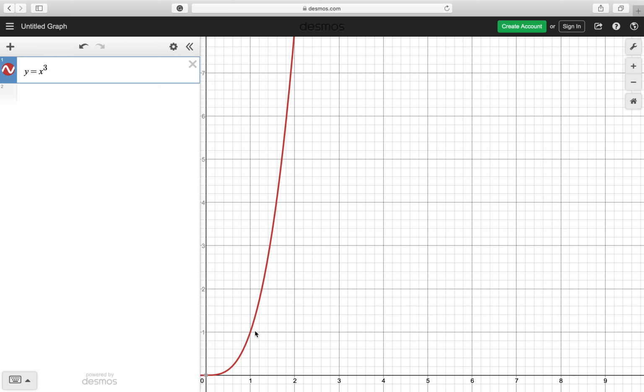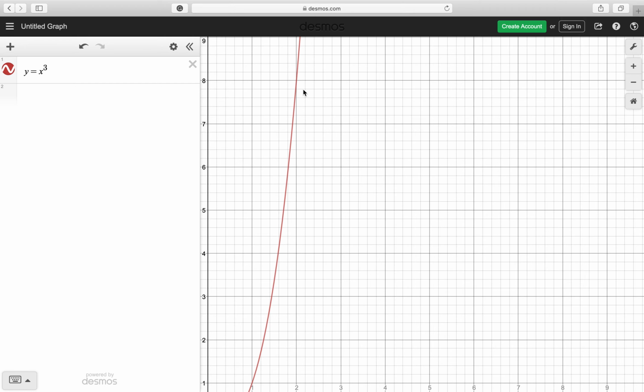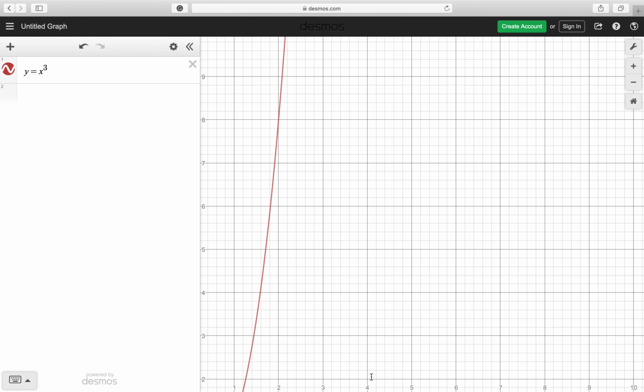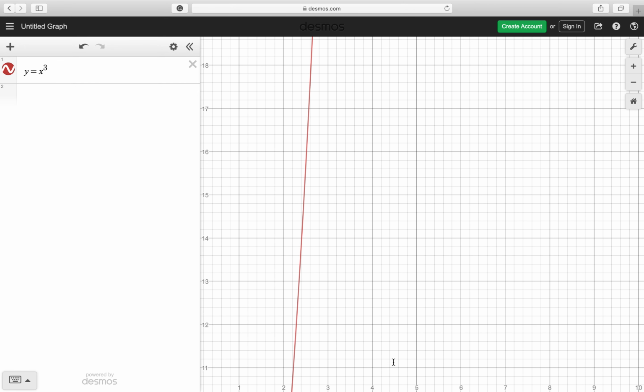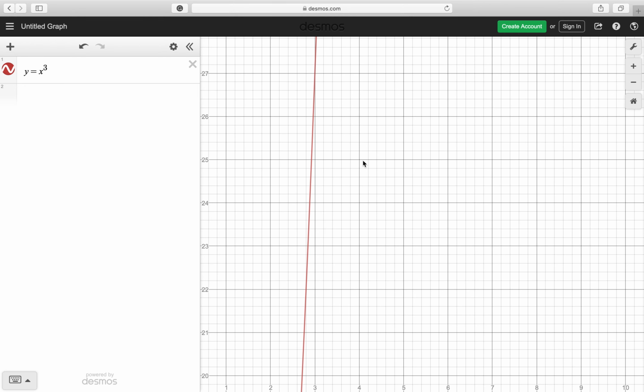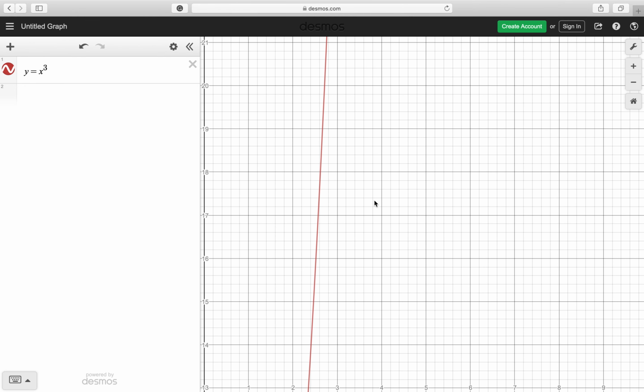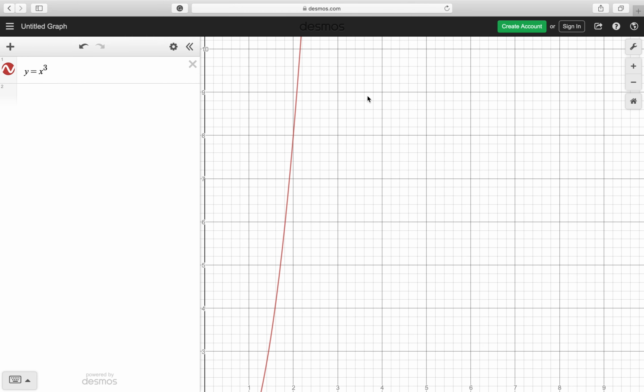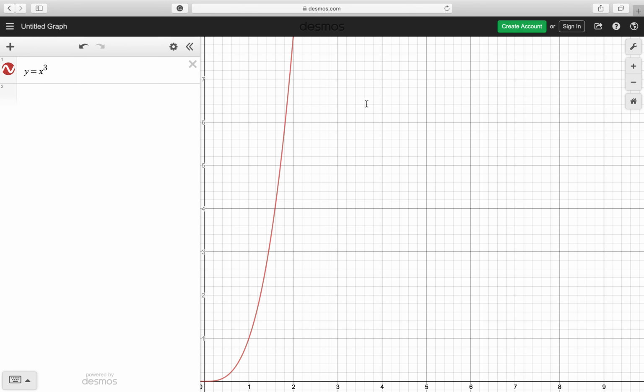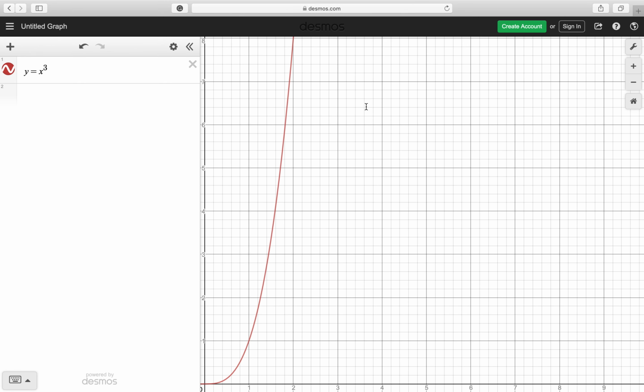You can think of it as he or she starts from 0 and goes to 1, and after 1 second arrives at 1. After 2 seconds, it arrives at 8. After 3 seconds, it should be 27, right? So we got to go up. 3 seconds, 27, right? And again, this is the position of the person, because we're defining it to be the position of the person as a function of time.